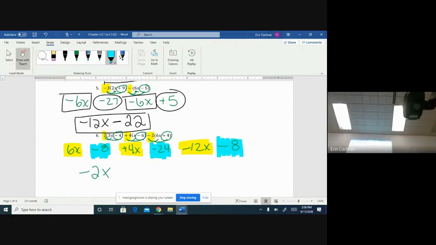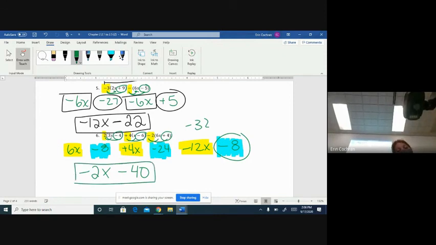So negative 8 and a negative 24 is negative 32, and a negative 32 and a negative 8 is a negative 40. Okay. Now, can I combine negative 2x and negative 40? Nope. So this here would be your final answer.